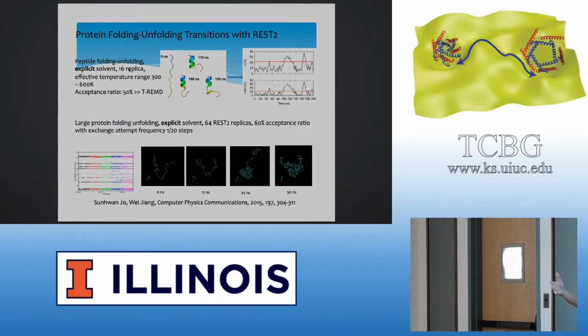The other parts, you can use as a high temperature reference, but they are not the physical ones. Look at it here, within 50 nanoseconds, it travels the whole extended ensemble. So that means it thoroughly receives the accelerated sampling information from all higher temperatures.